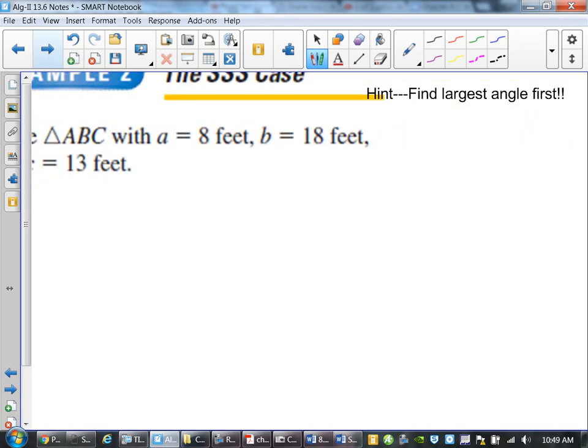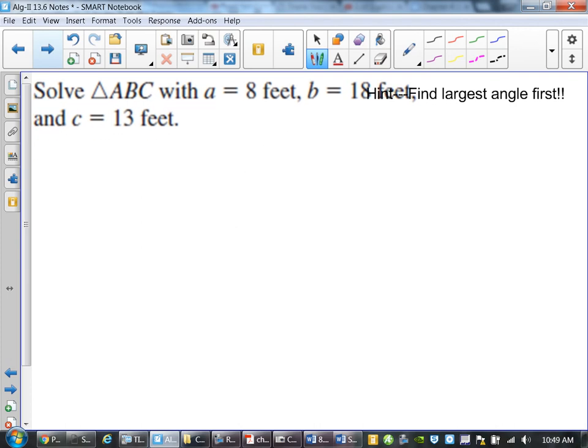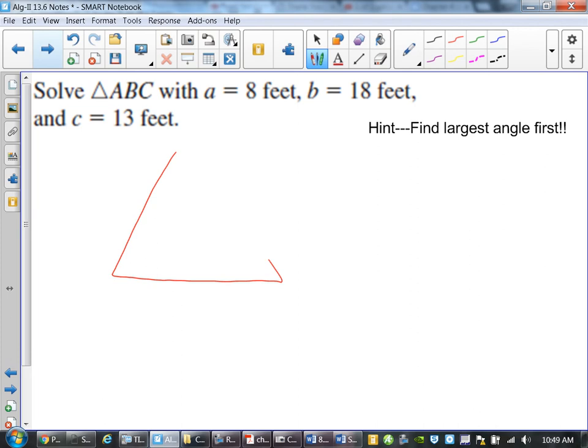So it's 8, 18, and 13. Little a is 8, little b is 18, little c is 13. Which of those three sides is this forcing you to find first?